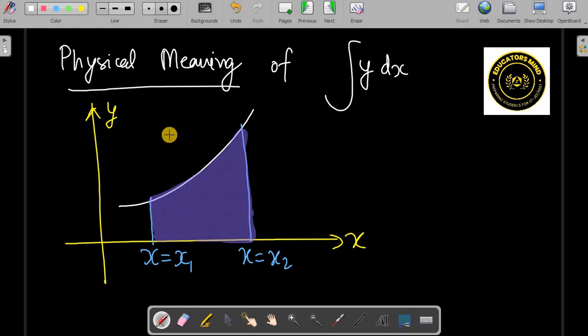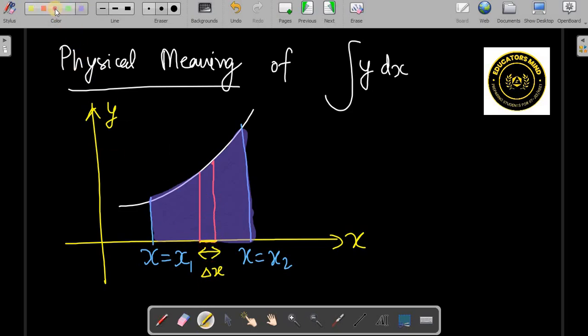You can try to divide this x difference into small strips. Here I am not going to derive it fully, but you have to understand the basic idea. Let's say this is a small delta x. Here I am going to make a strip.